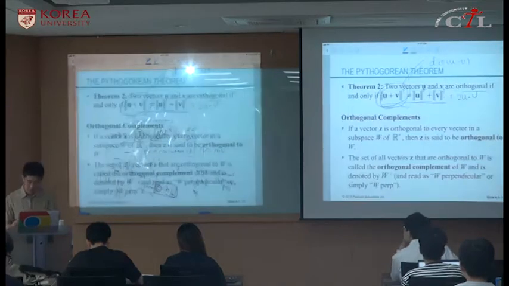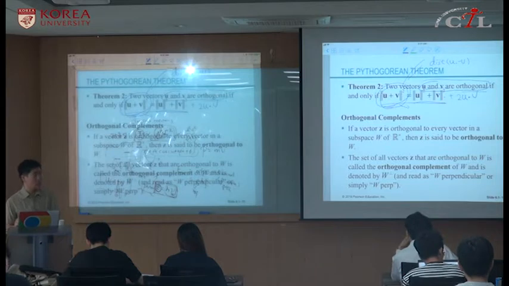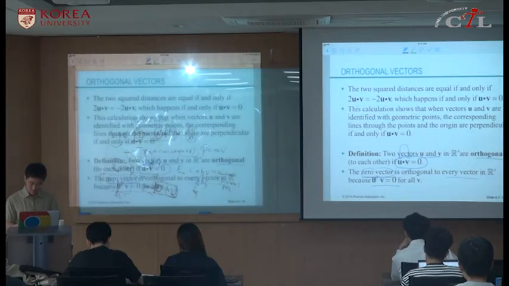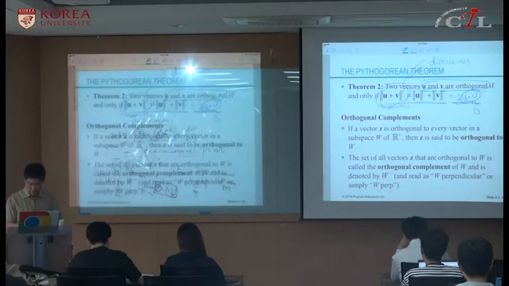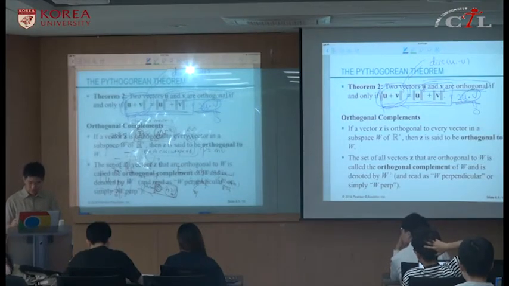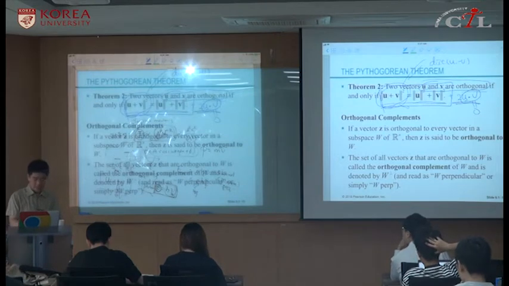And now, if we assume that these two vectors are orthogonal, then this part should be 0 from this property, right? And then we obtain this, right? And so this one is called the Pythagorean theorem, that we already know.